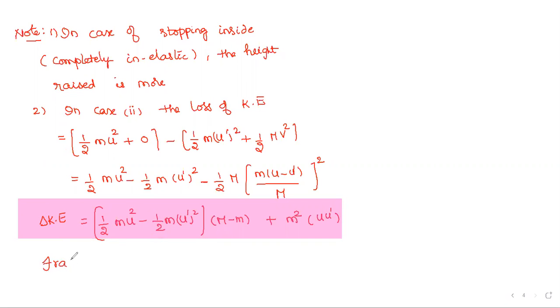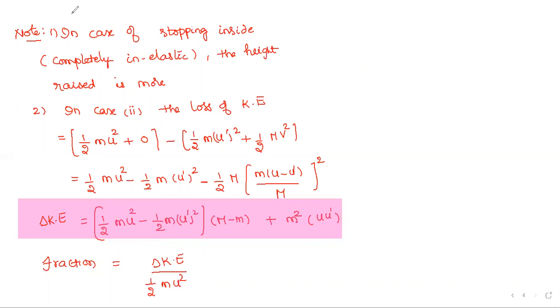If they ask the fraction, that also don't try to do it as a fraction. Delta KE, you calculate separately in the exam, divided by total KE before, that is always half m u square. Why? Because before the collision only the bullet is in motion. So half m u square, the block's is 0. This is delta K. Don't try to write anything here.